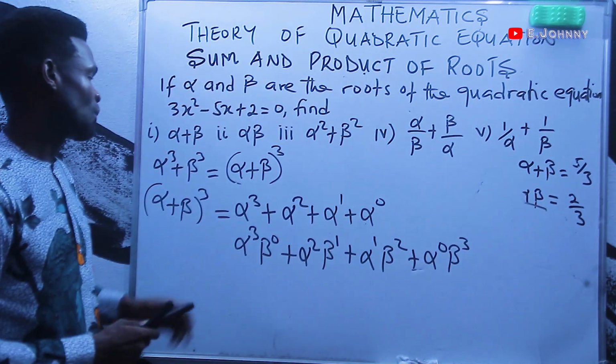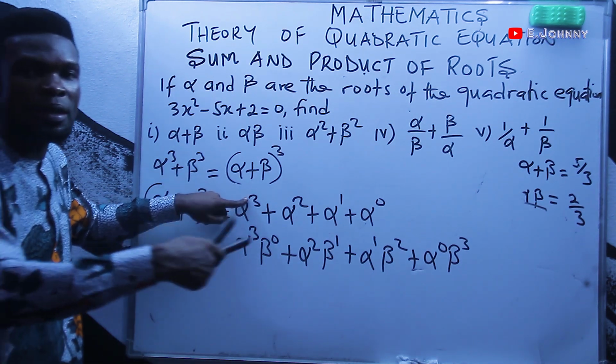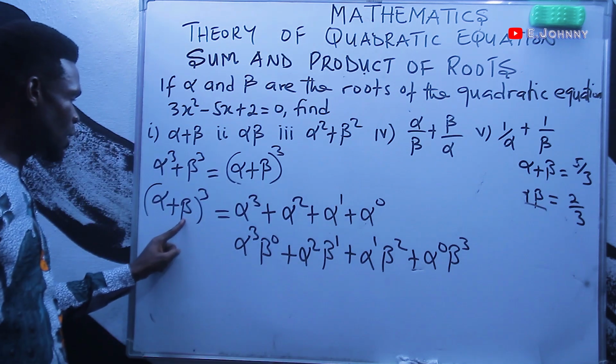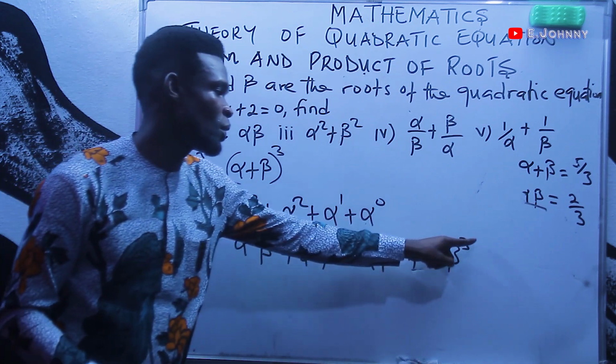So you can see that alpha's power will decrease from 3 to 1, 0, whereas beta will come in and start from 0, 1, 2, 3.